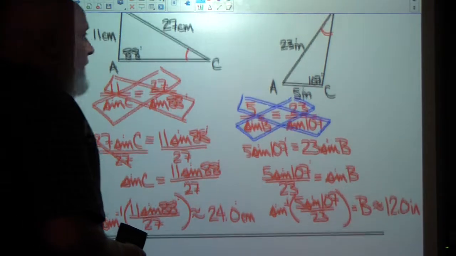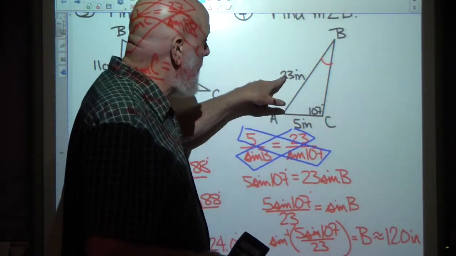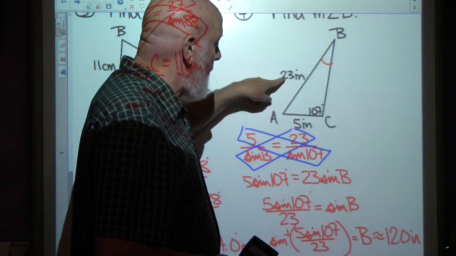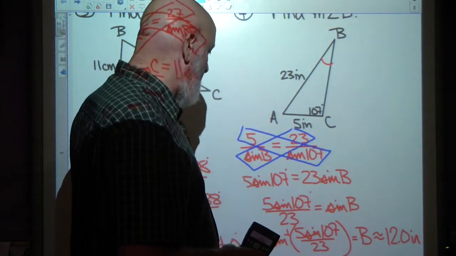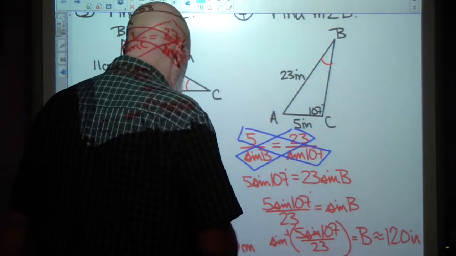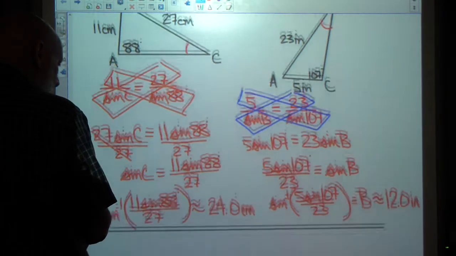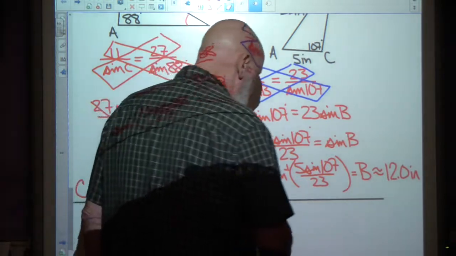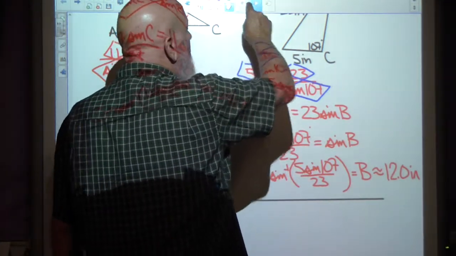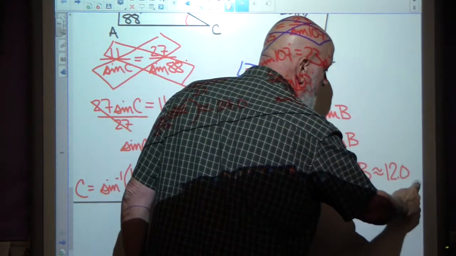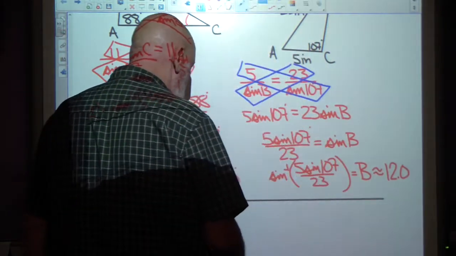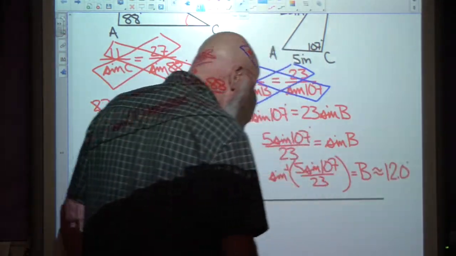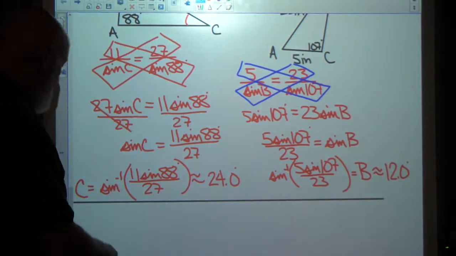If this side is 5 inches long, and this side is 23 inches long, then that's not inches, is it? It should be degrees. What am I thinking? I am old and tired. We're looking for the measure of an angle. Angles are not measured in inches or centimeters. You have to excuse me. You're probably thinking, Wade is losing it, and you're right. It's early in the morning. It's my only defense. Degrees.